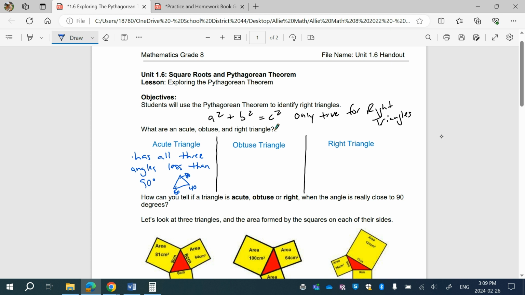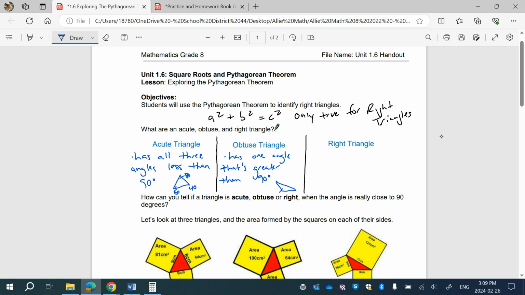An obtuse triangle has one angle that's greater than 90 degrees. Okay, so it might have a kind of open angle like this and connected there. So again, it's got to add up to 180.